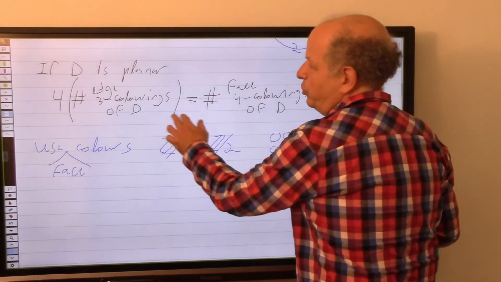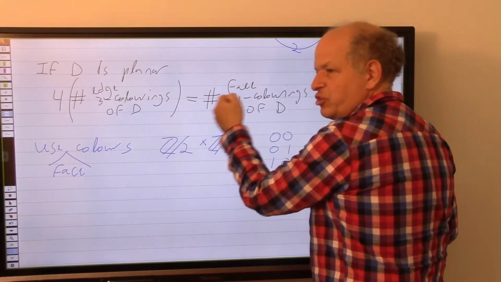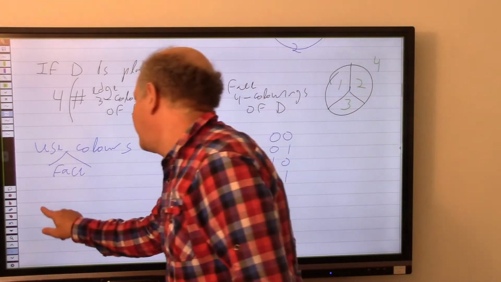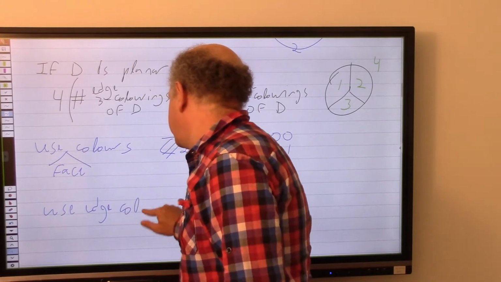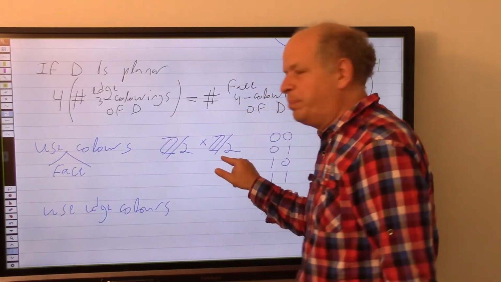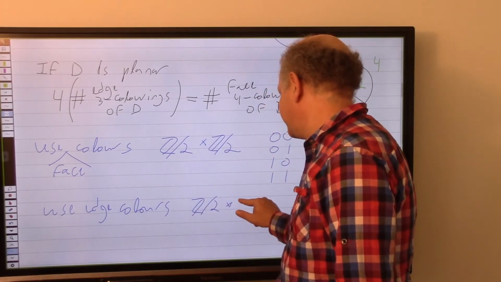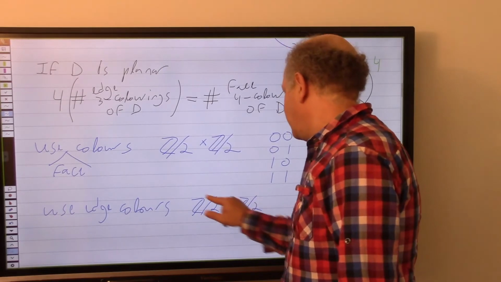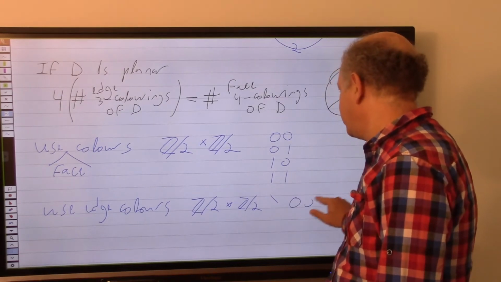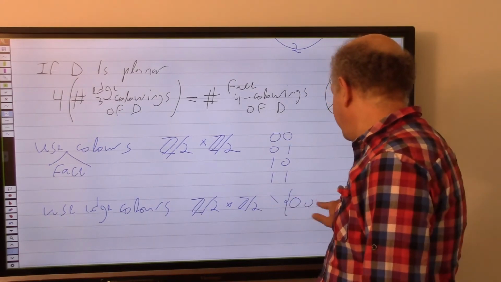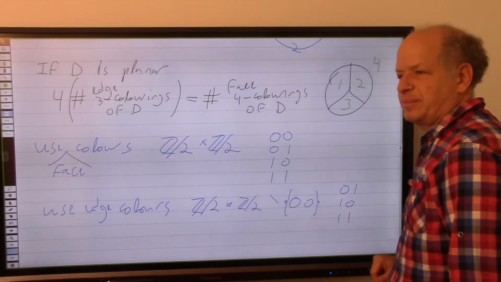And for the edge colors, the 3 colors you would use are all the elements of this group minus the identity, so Z2 cross Z2 minus the identity color, minus 0,0. In other words, use the colors 0,1, 1,0, and 1,1.